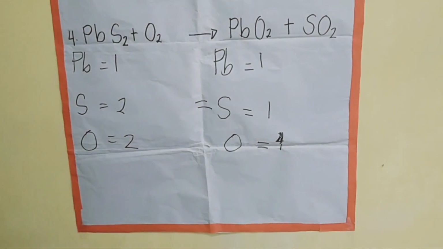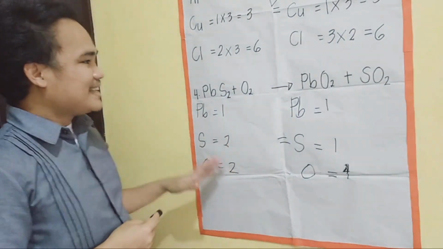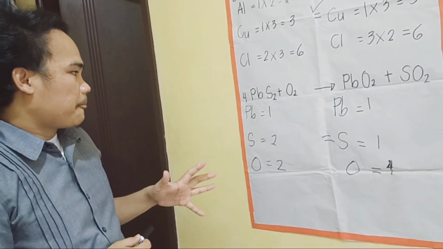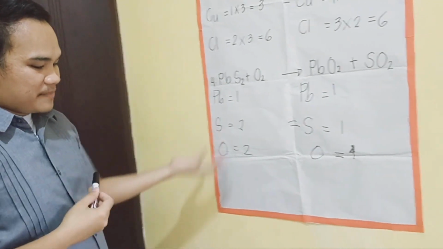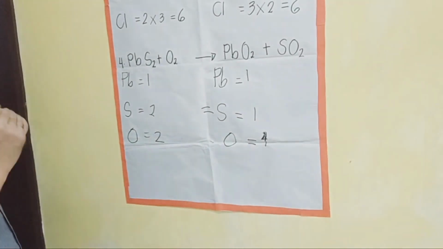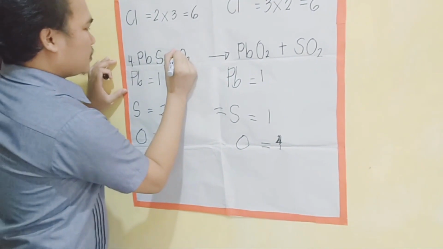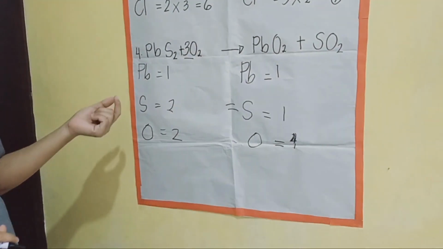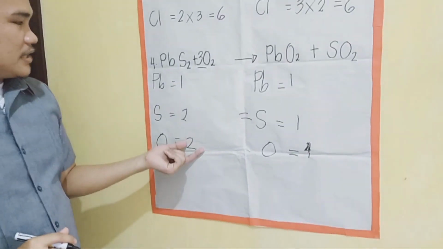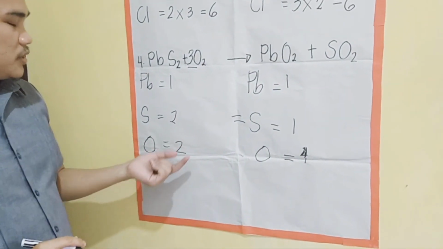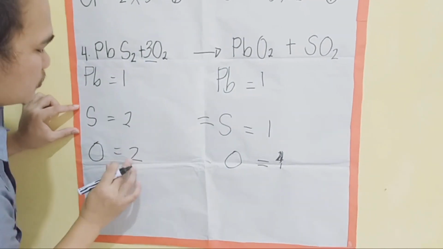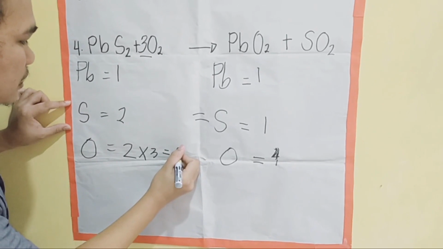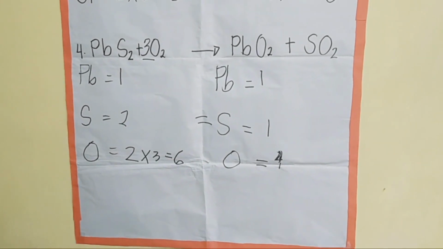So now, what number are we going to add to balance the chemical equation? Let's try 3. We are going to add 3 at the oxygen, this one. So, the number of atoms of oxygen will be 6, because 2 times 3 equals 6.